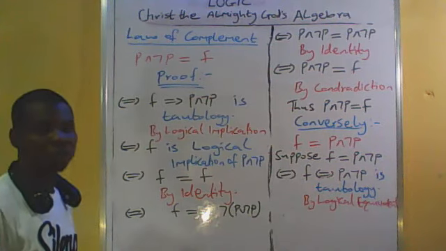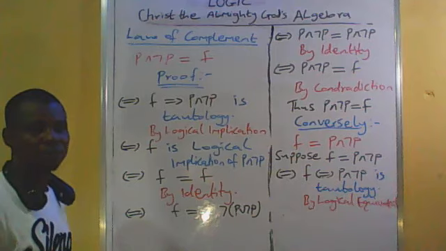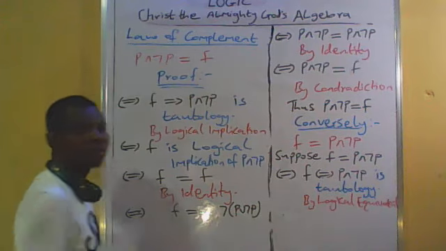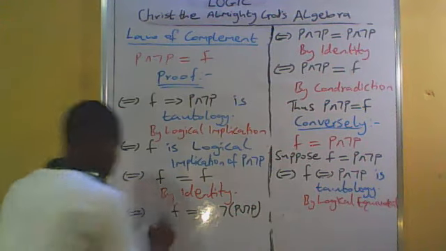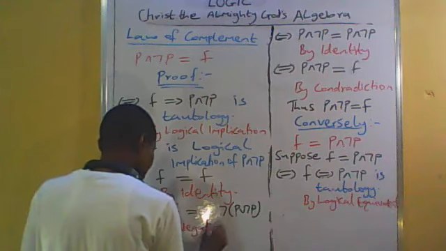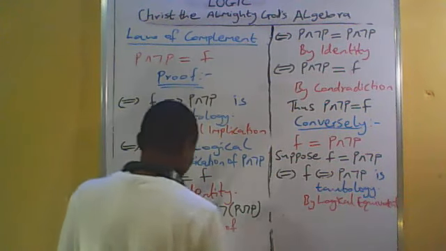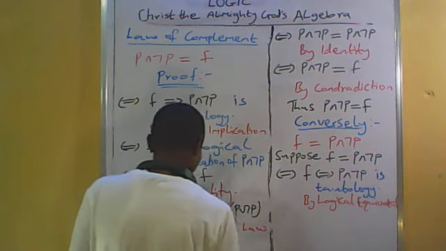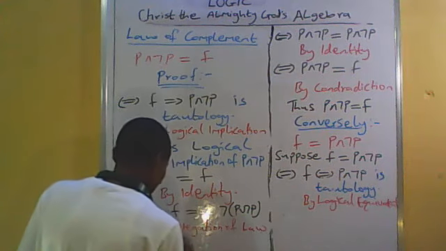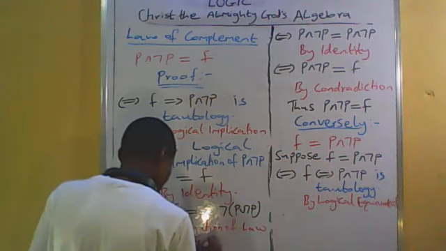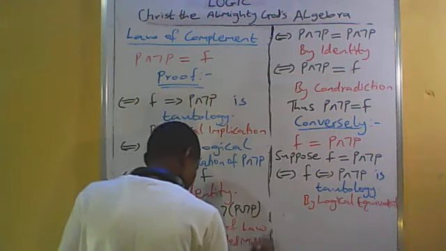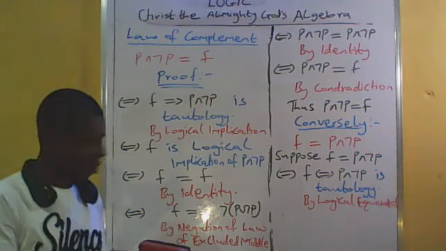And contradiction is equal to F. So F is equal to not bracket P or not P, being justified by negation of the law of excluded middle.